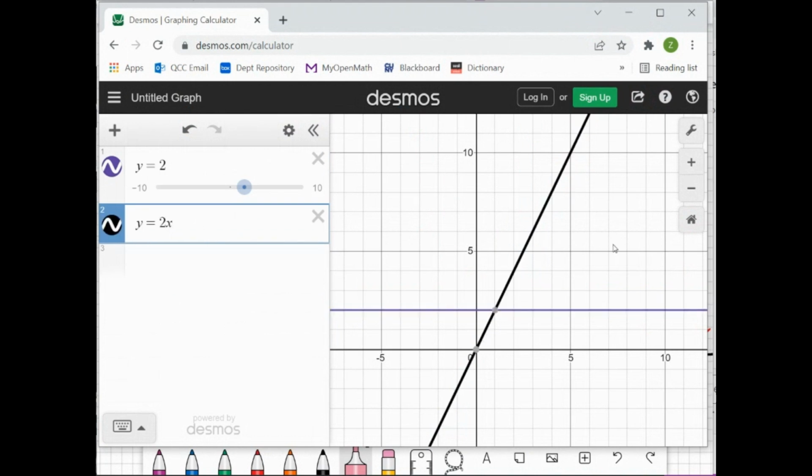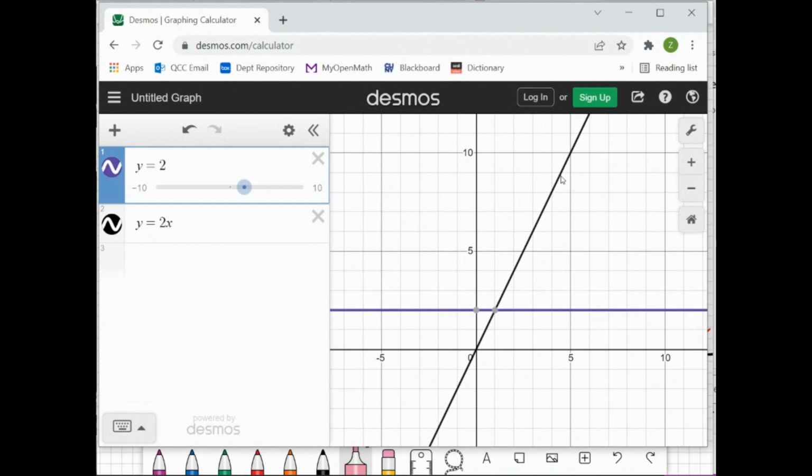Okay, so now the black line is the graph of y equals 2x, and the purple line is its derivative. So what do we see here? The derivative is always equal to 2. When you check, the value of the derivative is always 2.